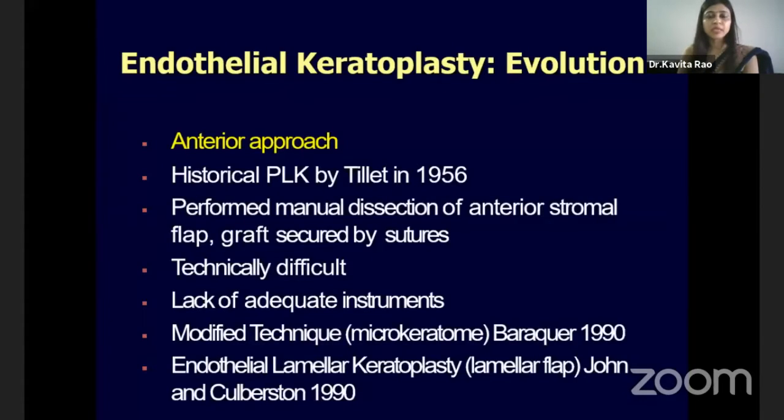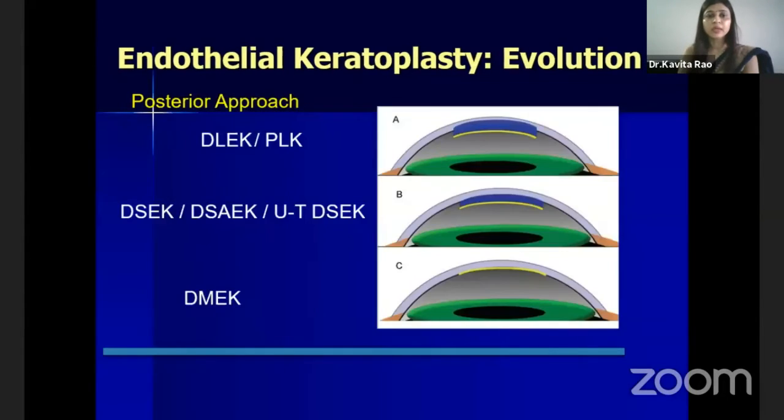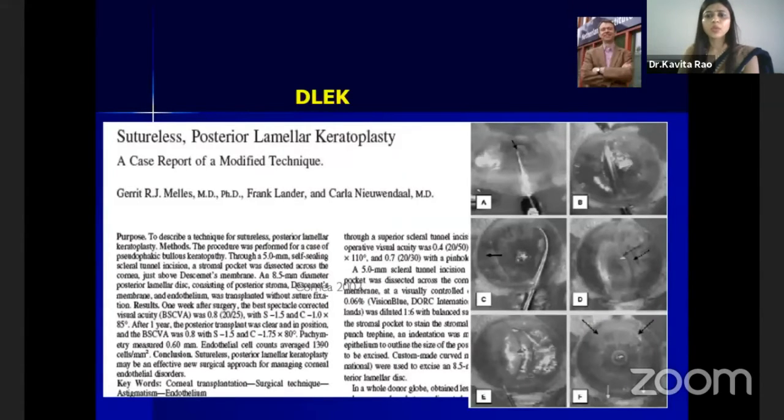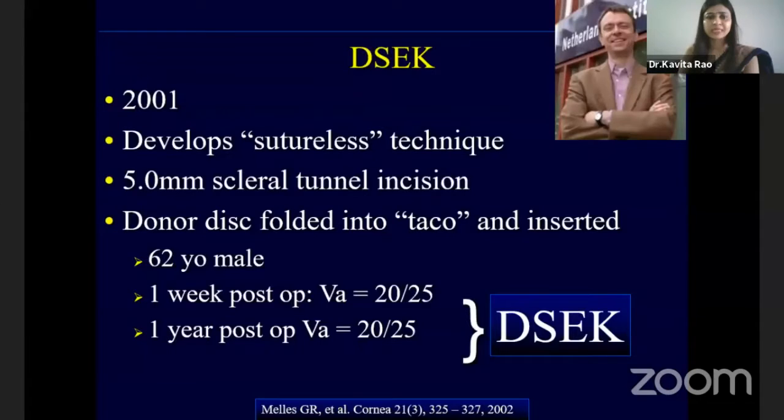The anterior approach started in 1956, and it was modified in 1990 by Barraquer and John. This is the current day endothelial keratoplasty that we know, which started with DLEK, DSEK, and then ultrathin DSEK and DMEK. DLEK was first done in 1998 by Melles, where along with the endothelium, the stroma was also excised.